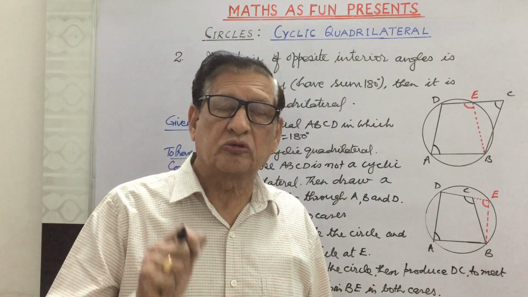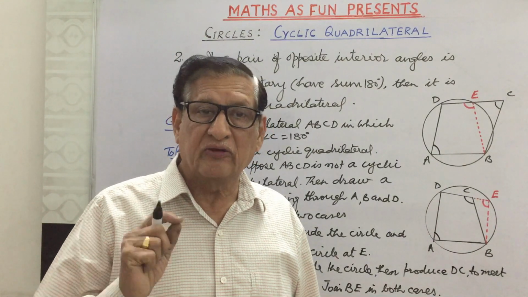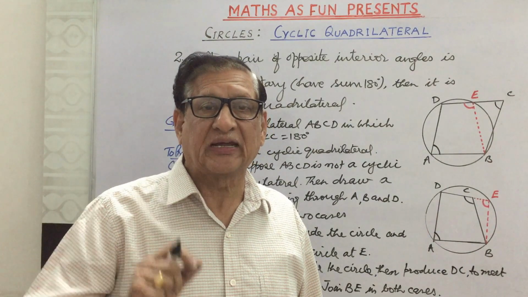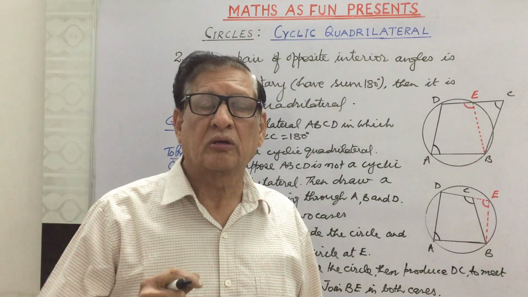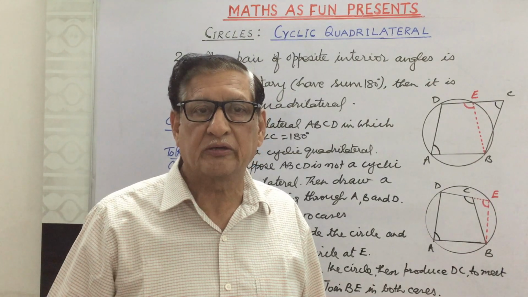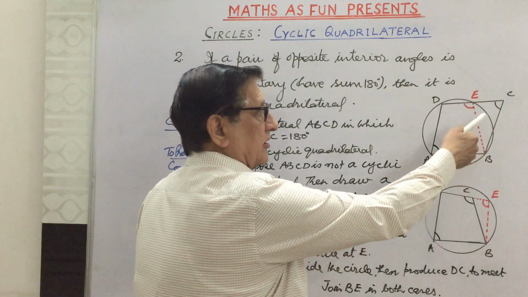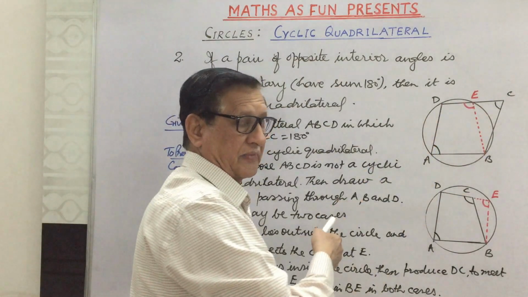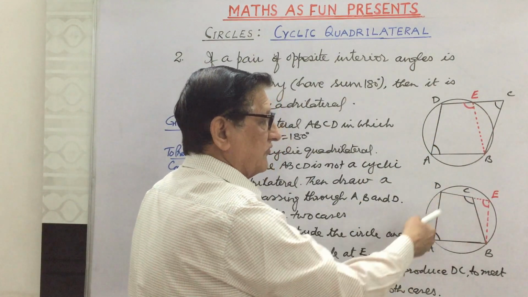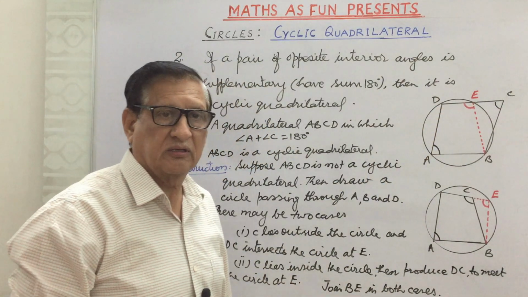The second property, or theorem, is that if there is a quadrilateral in which a pair of opposite angles is supplementary, or has a sum of 180 degrees, then it is a cyclic quadrilateral. How to prove it? First we draw the diagram in which ABCD is a quadrilateral in which angle A plus angle C is 180 degrees.